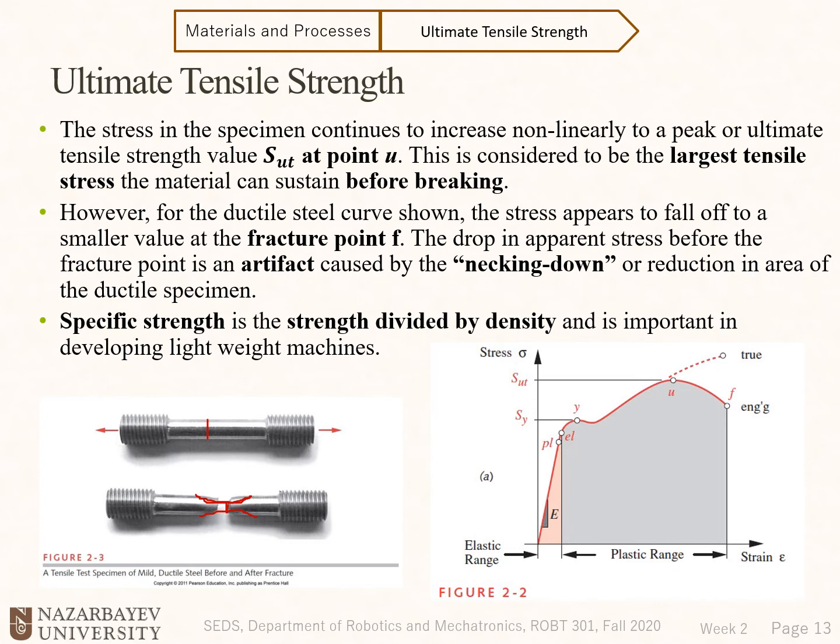So now we are familiar with two types of strengths, yes? Yield strength and ultimate tensile strength. If we divide each of these by density of the material, then we will have specific strengths. We'll have specific yield strengths, we'll have specific ultimate tensile strengths.